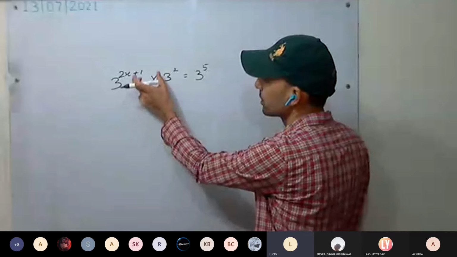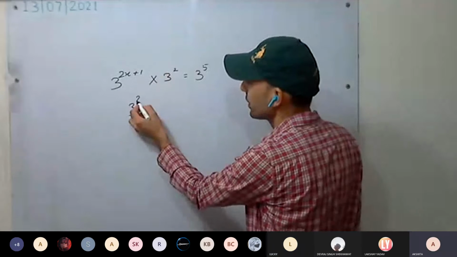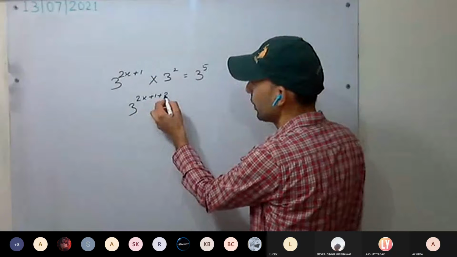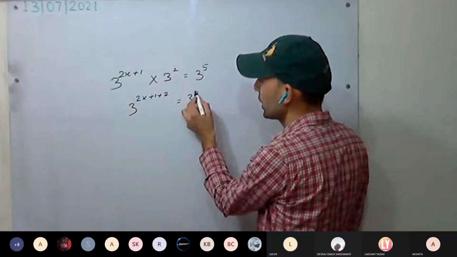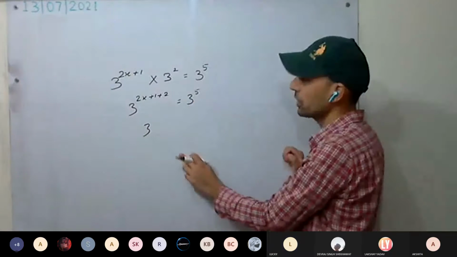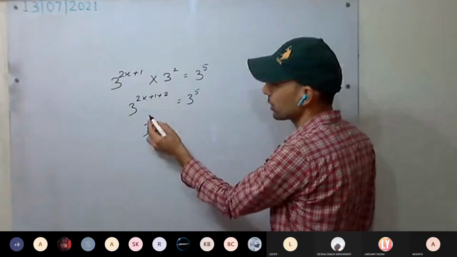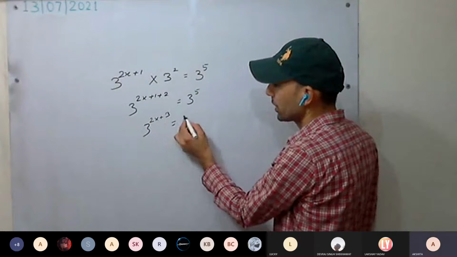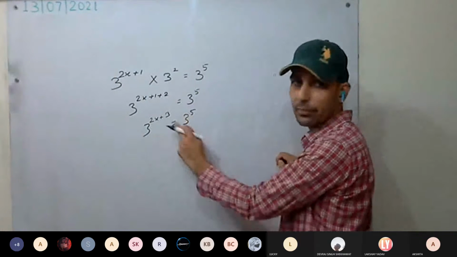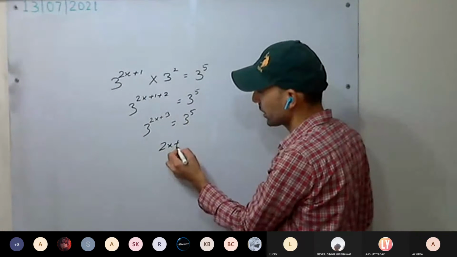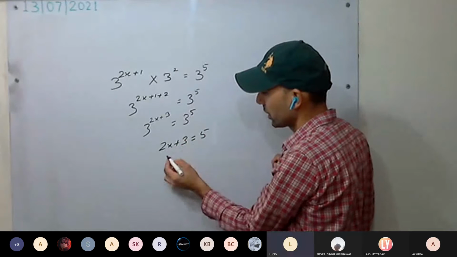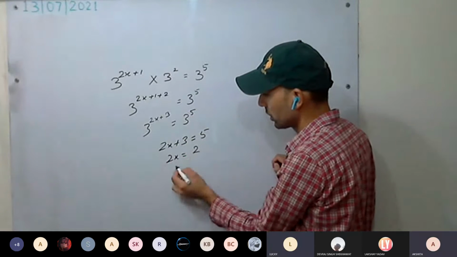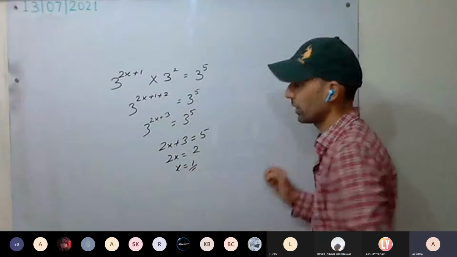Are the bases same? Yes. So 2x plus 1 plus 2 equal to 3 raised to power 5. 3 raised to power 5, how much will it be? 2x plus 3, 3 raised to power 5. Bases are same, we can equate the powers. 2x plus 3 equal to 5. 2x equals 2, x equal to 1.